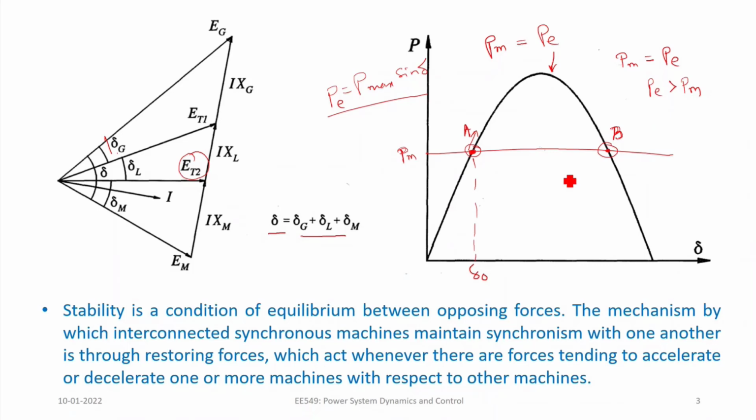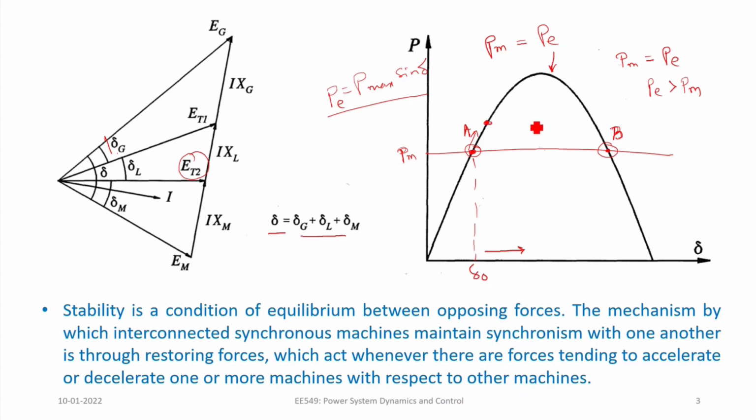Now when P becomes greater than Pm, because of the angular acceleration in the rotor of the synchronous generator, your rotor angle will increase up to some extent, right? As it increases, what will happen?